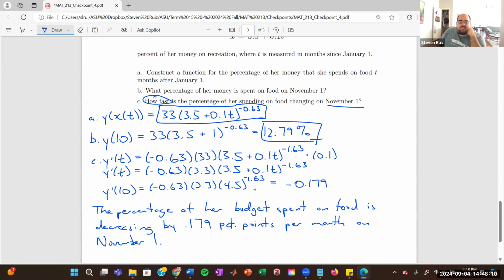So I think that's a very complete way to say what is happening based on what these functions are saying at this time. And that is all for checkpoint 4.